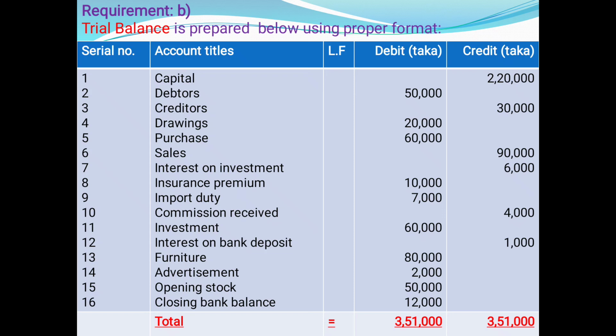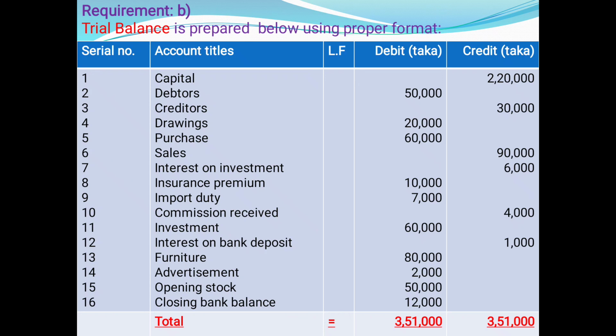Now you have to total the debit side and credit side. If they agree, then your solution of the creative question for preparing a trial balance is correct. If not, then you are incorrect. But all the time, debit amount is equal to credit amount.